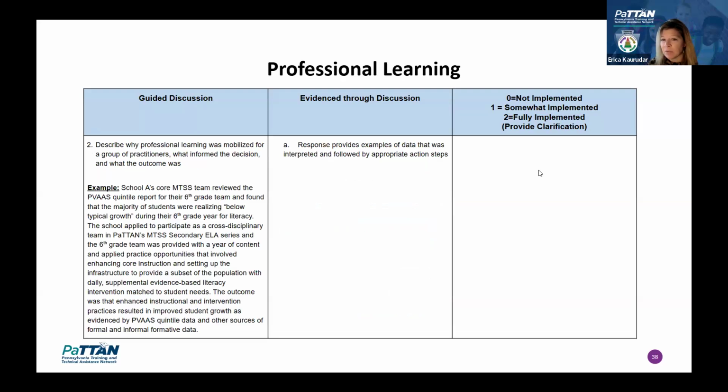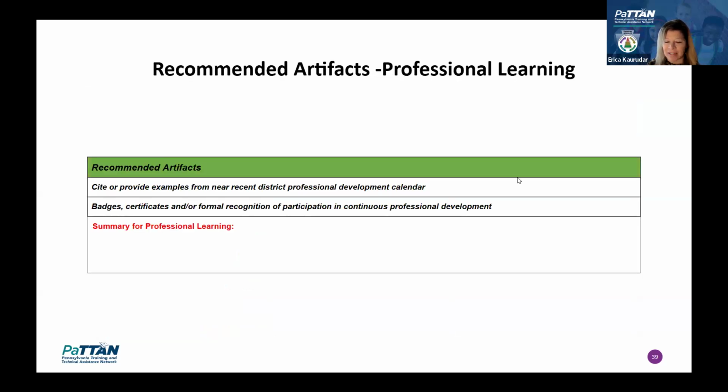So we have a number of recommended artifacts that teams may consider from professional learning. Perhaps that is part of your LEA's professional learning plan. Perhaps that may be evidenced by certificates provided as attendance at professional learning opportunities. And in the artifacts, your team can consider what we have in place and maybe what areas we need additional growth in.